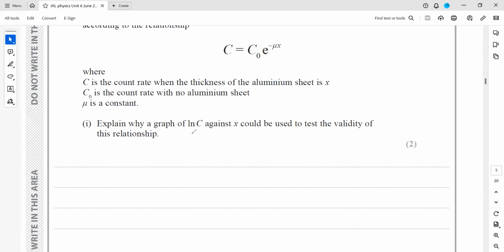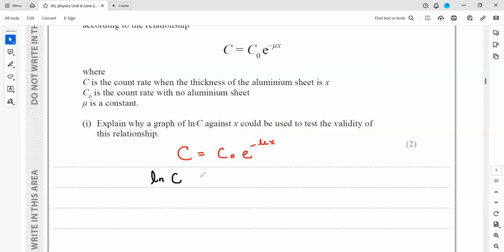Now, we basically want to plot a graph between ln C and x. So remember, whenever you want to cancel out the exponential function e, you take ln. So we have C equals C naught e raised to the power minus mu x. What we will do is take ln on both sides.